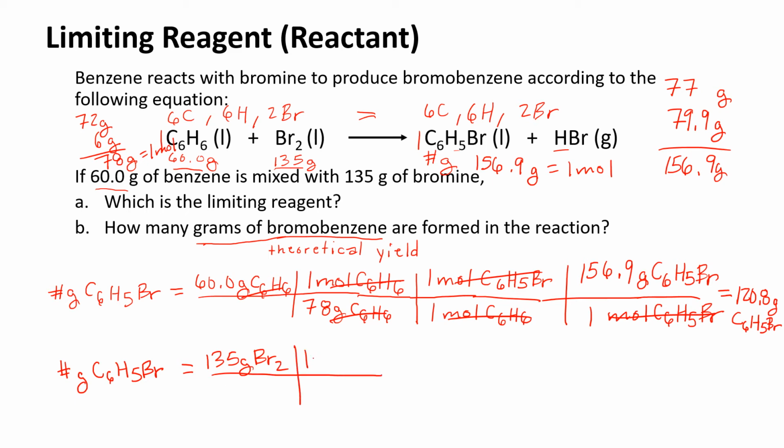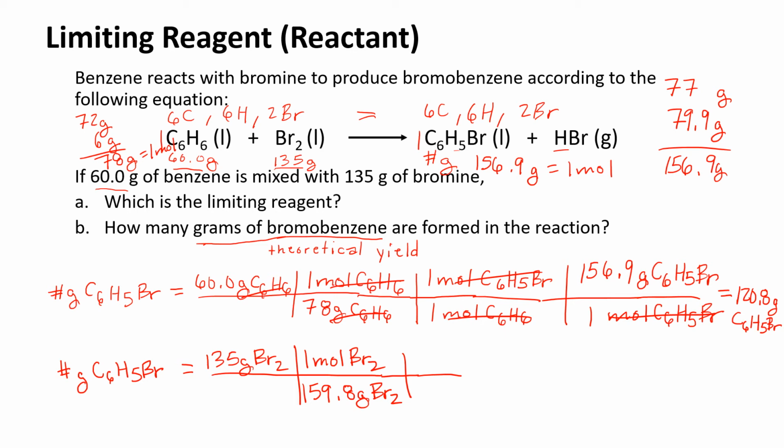I'm going to get moles of bromine by dividing the 135 grams of bromine by its molar mass, which corresponds to 159.8 grams of bromine. Remember, each bromine has a mass of 79.9. I have 2, so 2 times that gives me 159.8 grams for 1 mole of bromine.